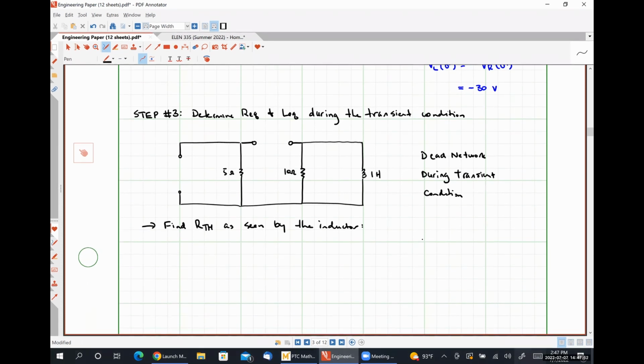So to find the Thevenin equivalent with respect to a particular component, which is what we're doing here, we have to take the component out and look in through the terminals left over.